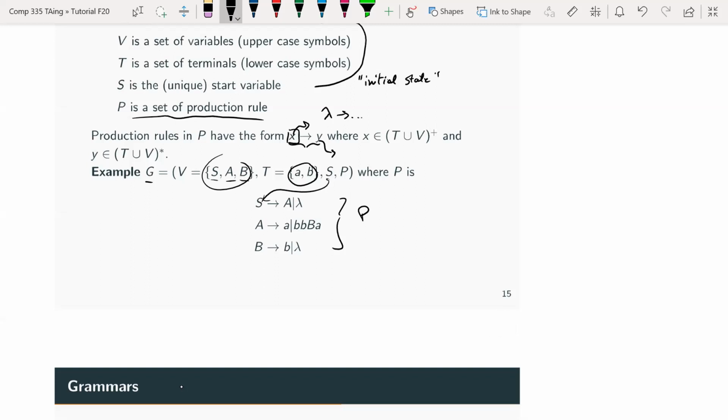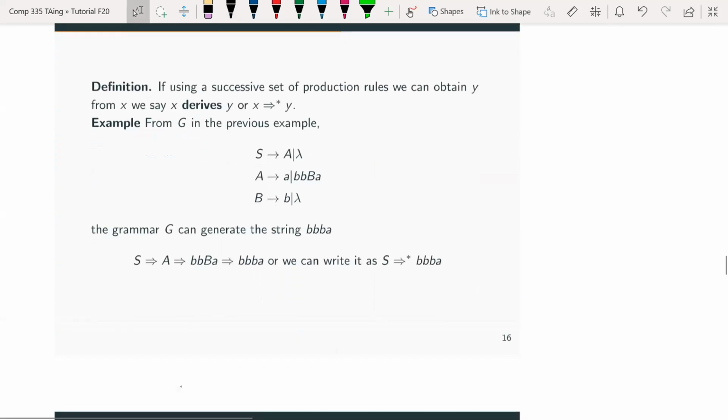So far this really doesn't tell you much. What does a grammar do? The main use of grammars is to derive strings. If using any number of production rules you can start at X and derive a Y, then you can write X, with a superscript star, gives you Y. The idea is that a grammar can start with a certain left-hand side X and then generate a certain right-hand side Y using its production rules.